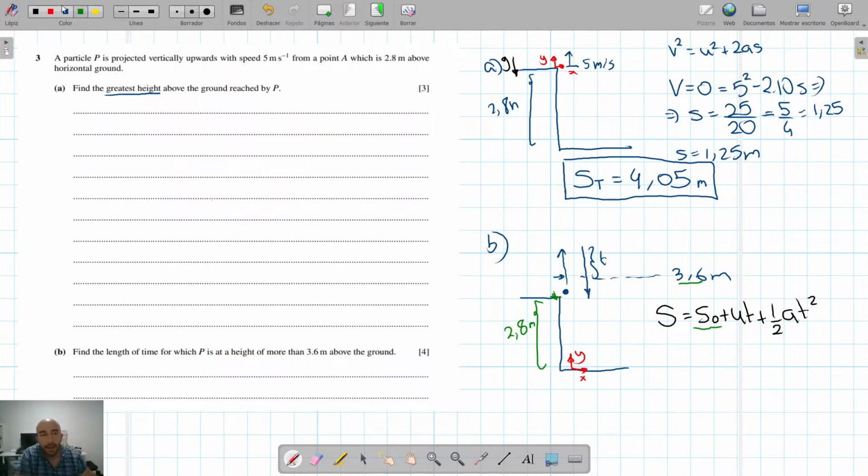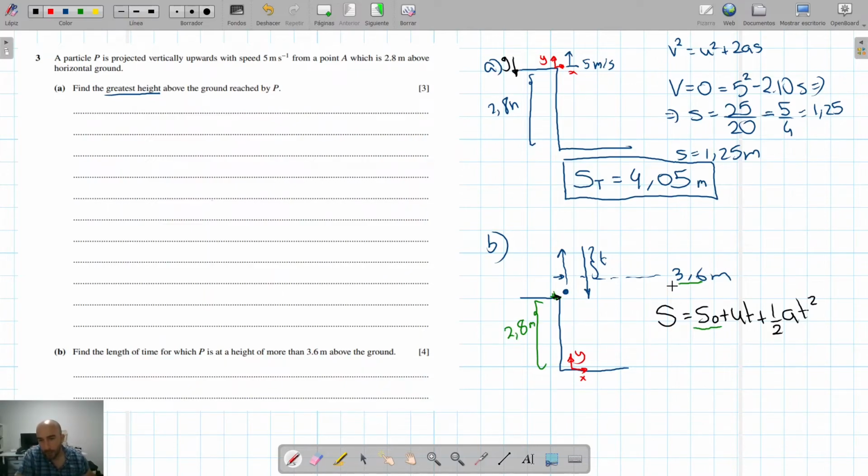So I want to do it with the 3.6 so that you don't get too confused. But again, you could do it from there with a distance of 3.6 minus 2.8. So if we do it with the whole 3.6 distance, we have to consider that it's being thrown from 2.8 above the ground, so it already has a 2.8 there.